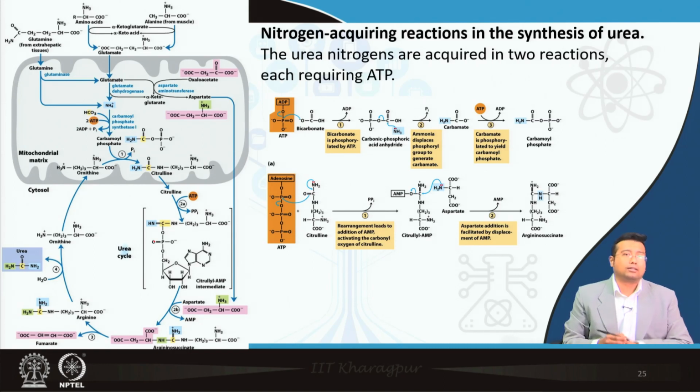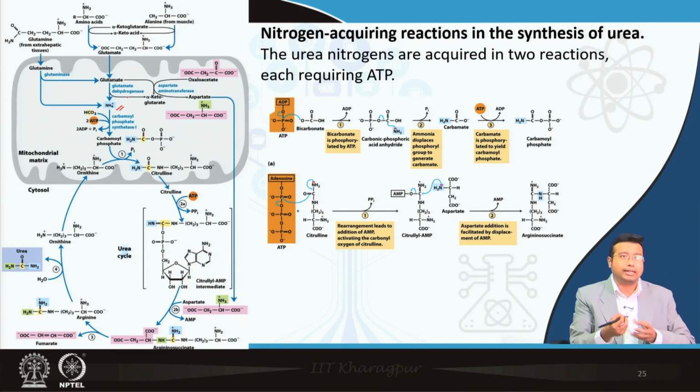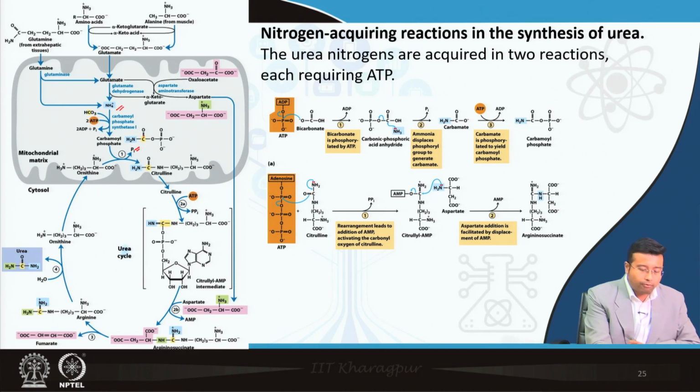Now, we can summarize, right. One very important thing to note is what the sources of nitrogen are, alright. This figure beautifully has colorized the different sources of nitrogen. One nitrogen from ammonia is directly utilized in the reaction, goes into carbamoyl phosphate, and that enters into the urea cycle.